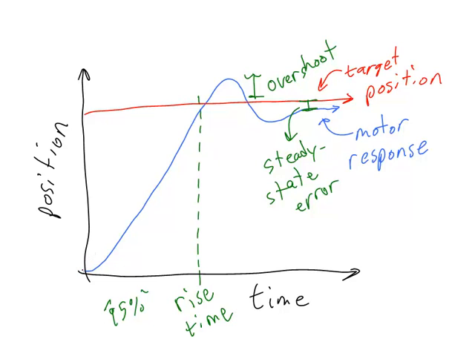The effect of that is to decrease the rise time. Now, because the motor is moving more quickly at the time when it arrives at the target position, integral control will also have the effect of increasing the overshoot.